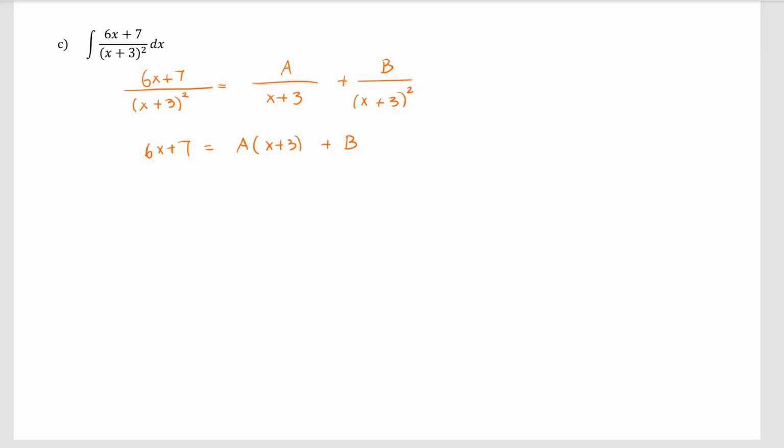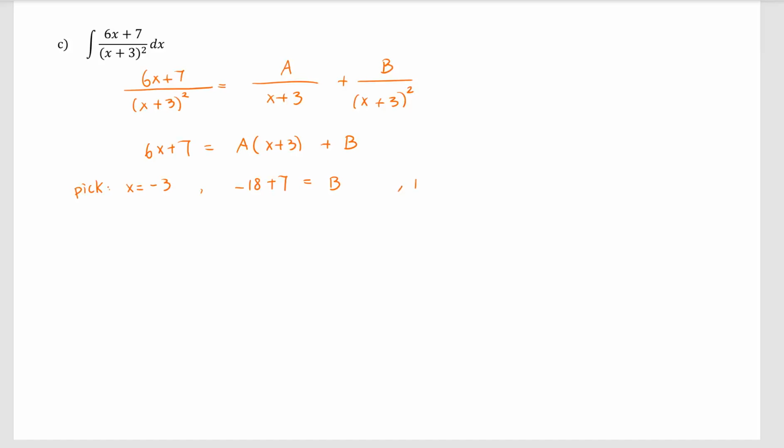So far, so good. Next, we can pick x values. We only have one kind of linear factor, so it will give us x equals -3, right? When you plug in -3, you get -3 times 6, -18 plus 7 equals, well, you can see a times 0 is 0, and that is b.